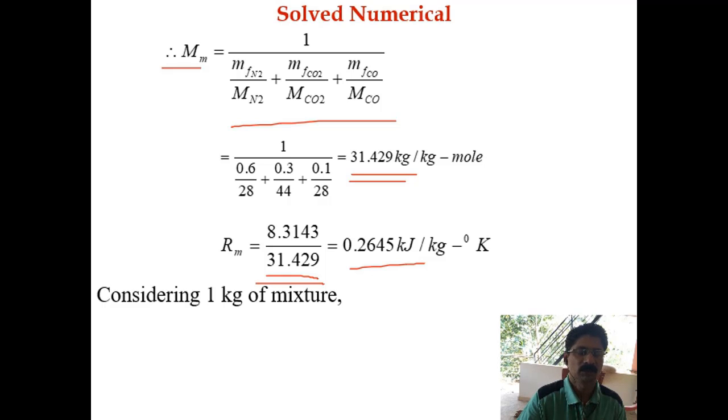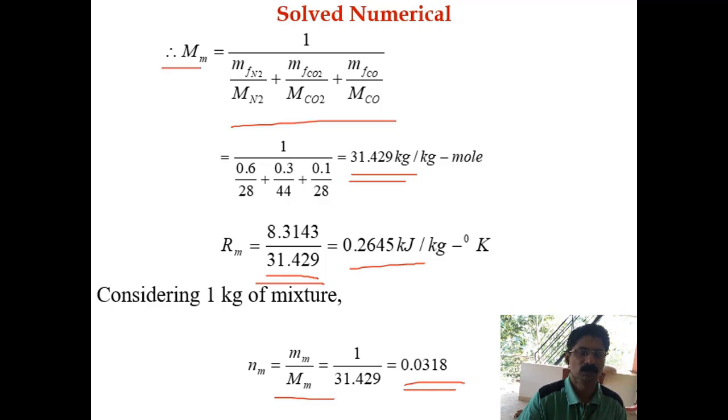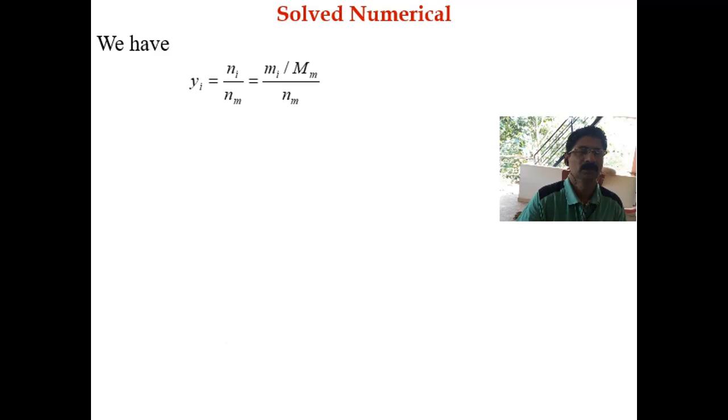Now if you consider 1 kg of the mixture, the number of moles of the mixture is mass of mixture divided by molecular weight of the mixture, so you will get 0.0318 moles. Similarly, the mole fraction is the ratio of the number of moles of the individual constituent gas to the number of moles in the mixture.